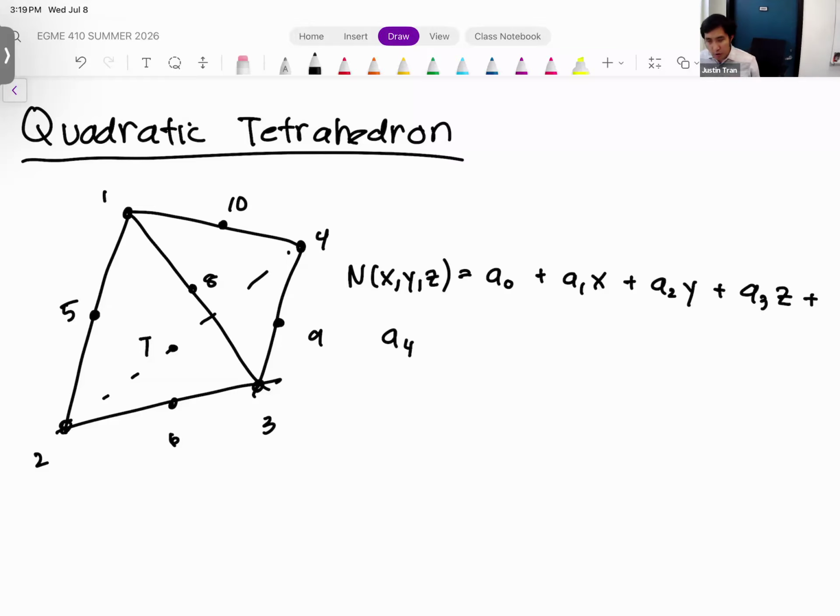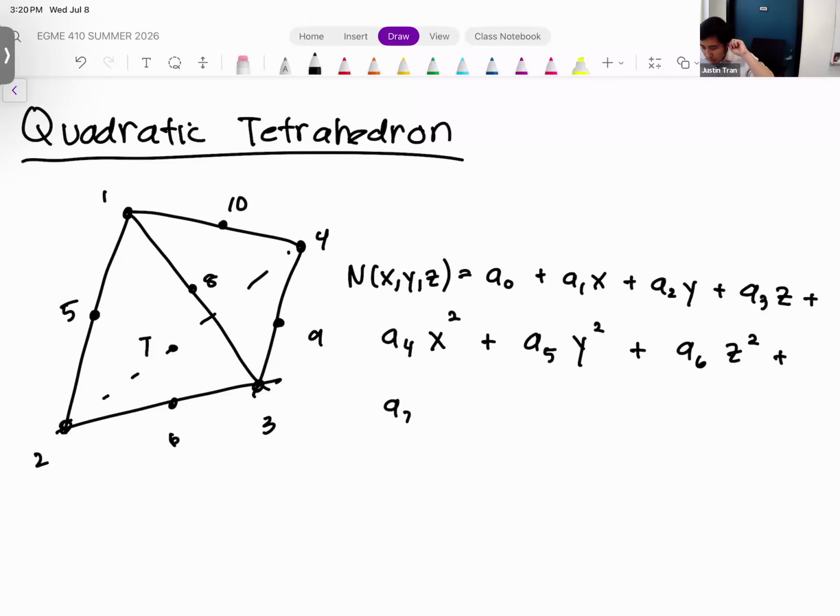First we start out with all of the contributions from the linear tetrahedron. So that's the constant term and all the terms that are purely linear in x, y, and z. Then we have the quadratic terms: a4x squared, a5y squared, a6z squared.